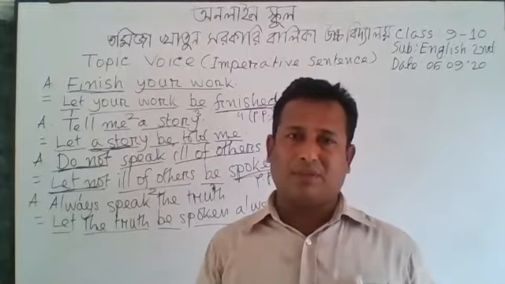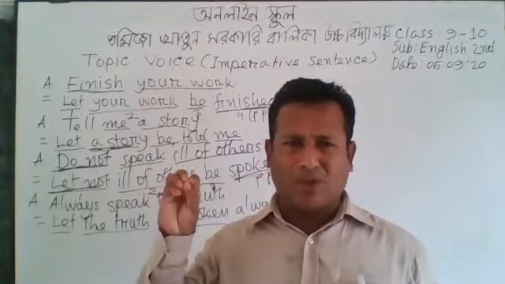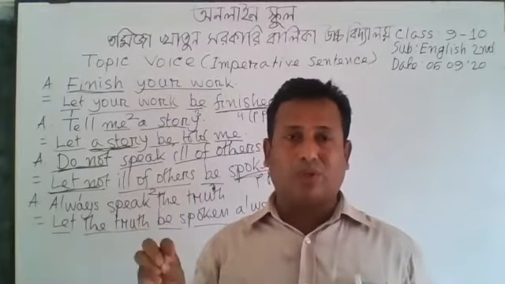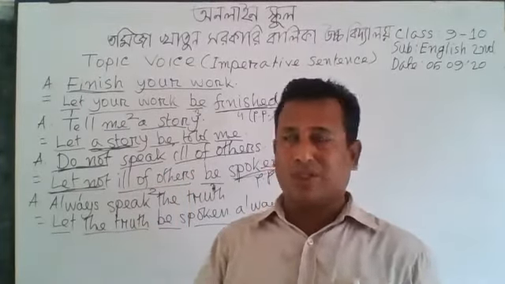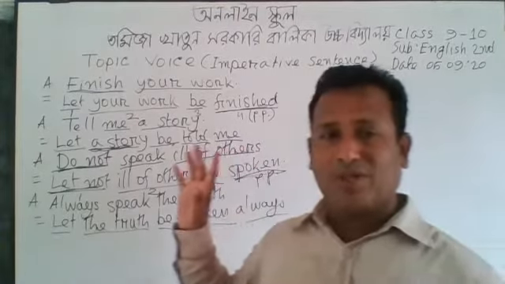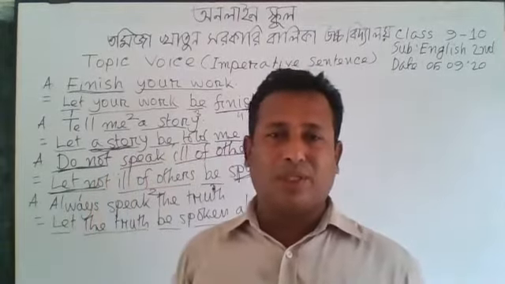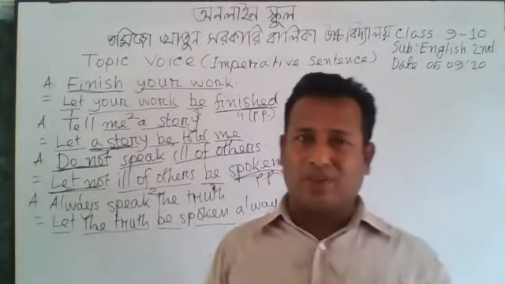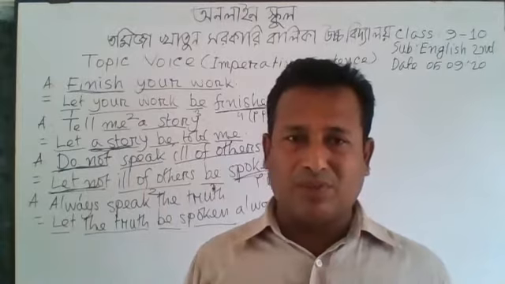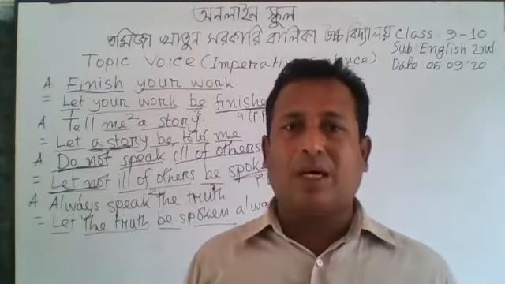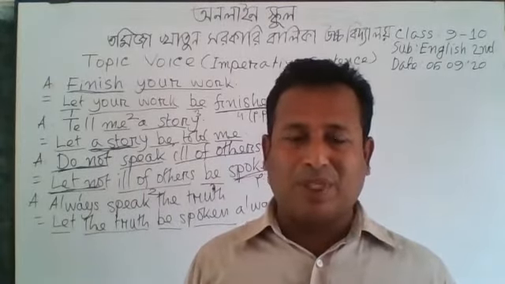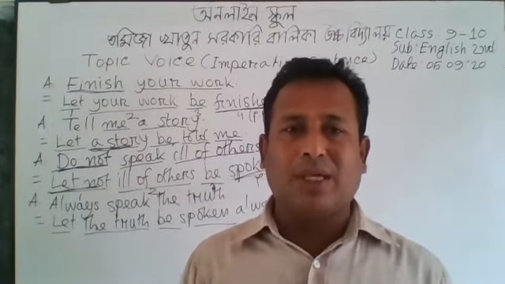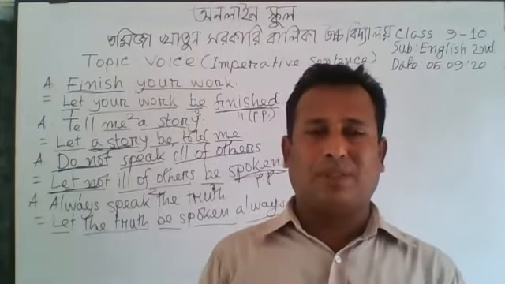If you think for a very short while, you will learn, because this is a very short and very easy rule. If my sentence is affirmative imperative, I will use let at the first, and then the object of the active voice as the subject, and in the third place be, and at last the PP.